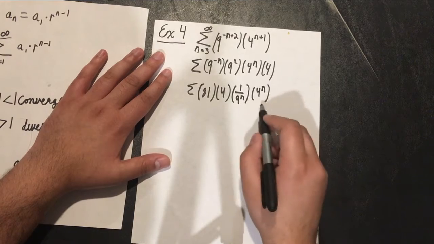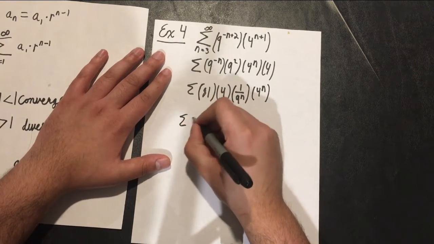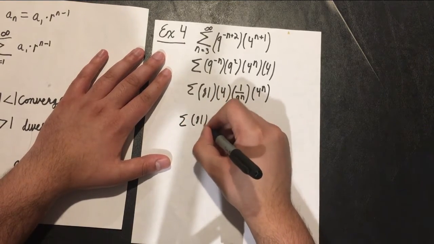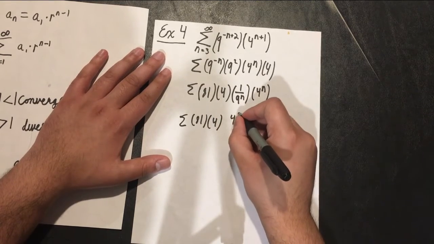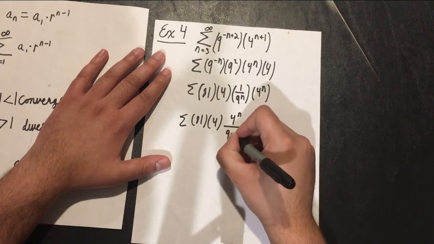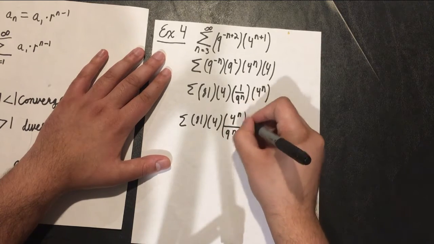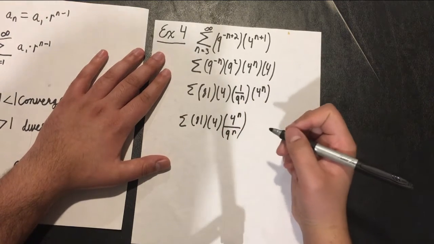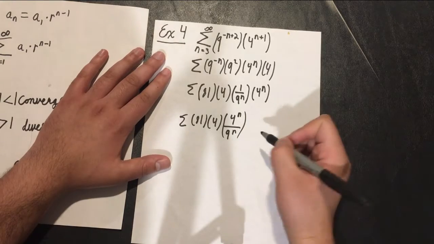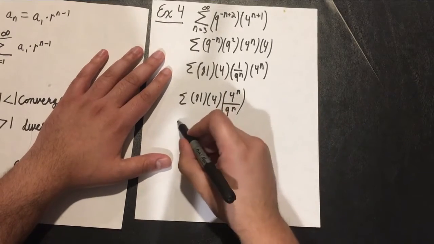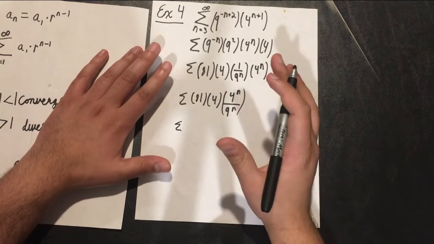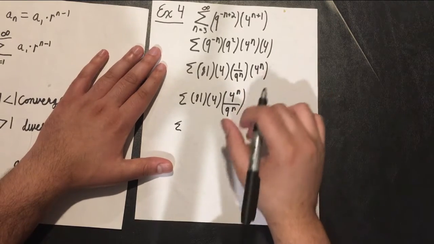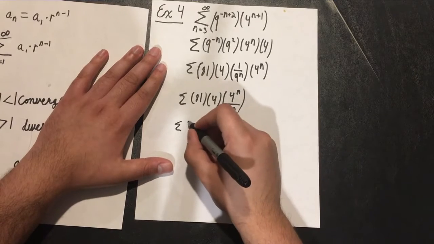So this is what I'm interested in combining. And I'll get 4 to the n over 9 to the n. And this, like in the previous problems, I can factor out the, well, factor out isn't the correct term, but take out that exponent. It's a common exponent.